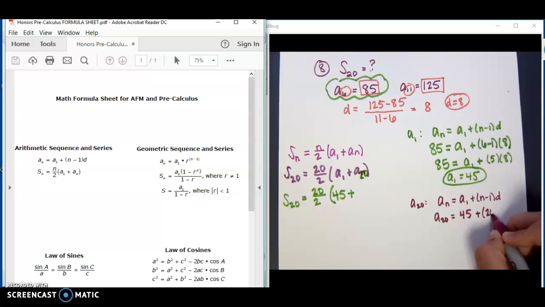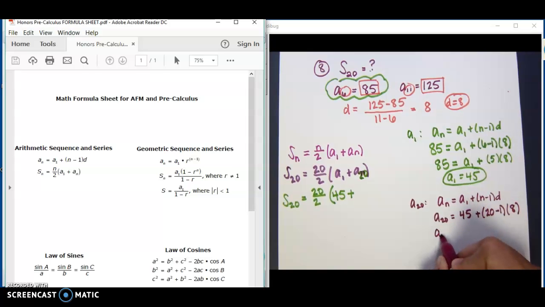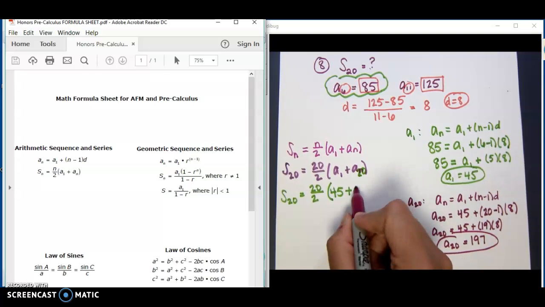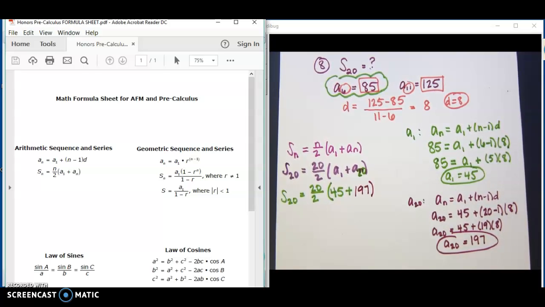N will be 20 here because it's the 20th term, and we know the common difference is going to be 8. So it's going to have 45 plus 19 times 8, and if you calculate that, it'll give you 197. So now we know A sub 20 is 197.